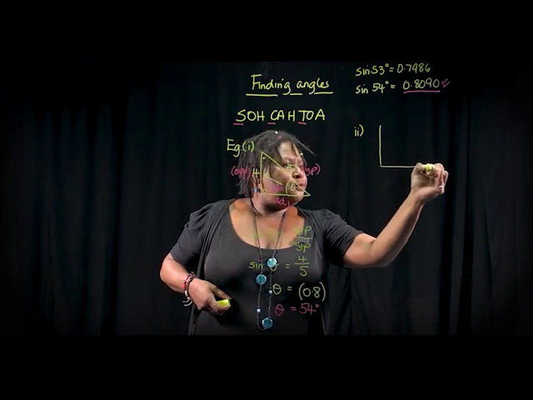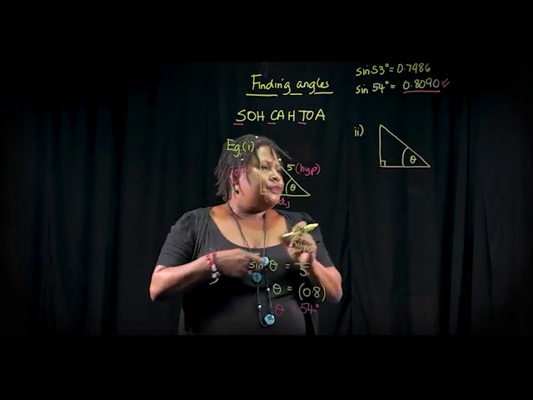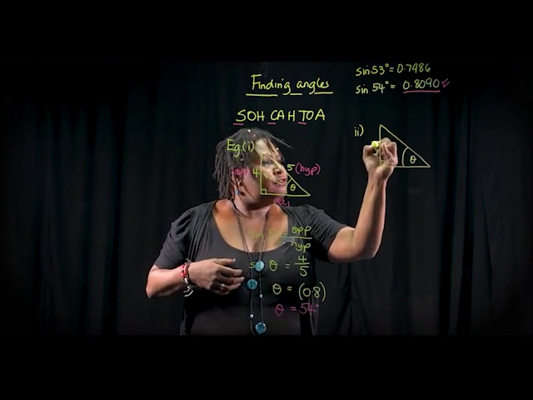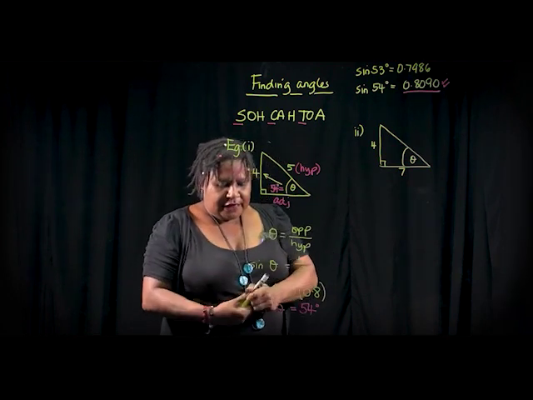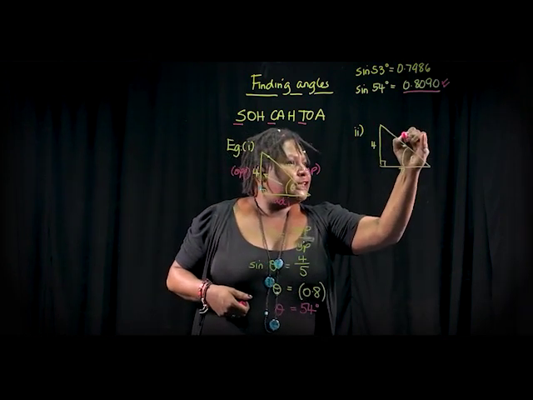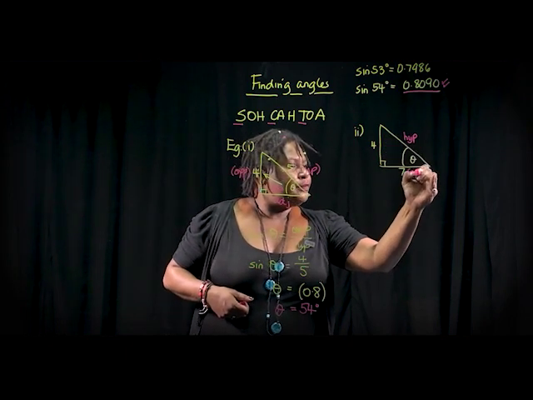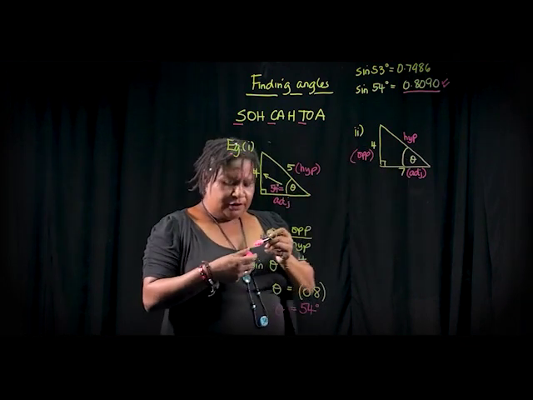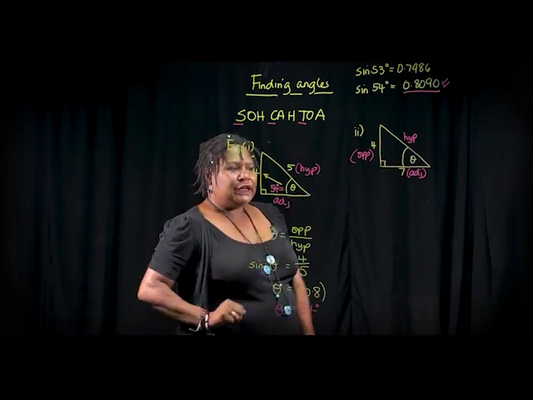Given another triangle, okay, this is theta, there's your right angle, okay, with sides 4 and 7, okay. Now, again, notice that your hypotenuse here is not given, but you have adjacent and opposite sides given. So we are using the tangent ratio to find the value of theta.